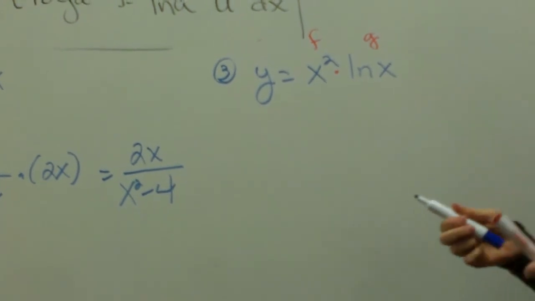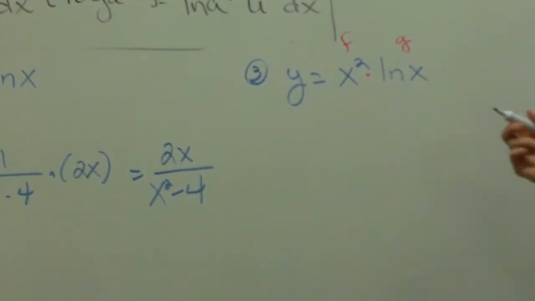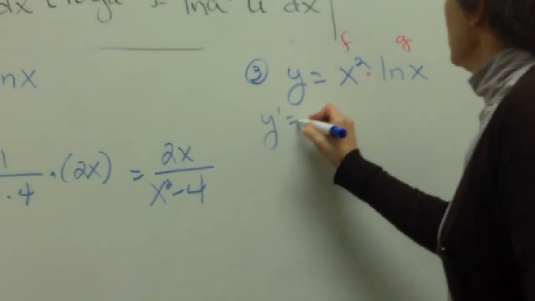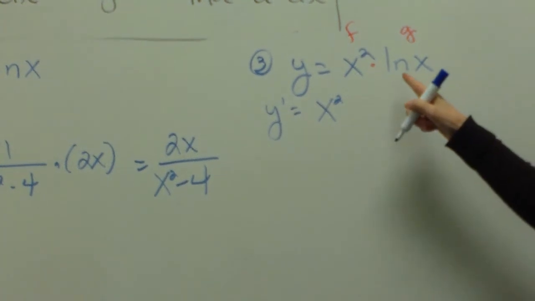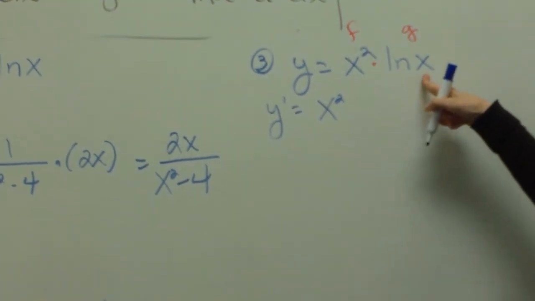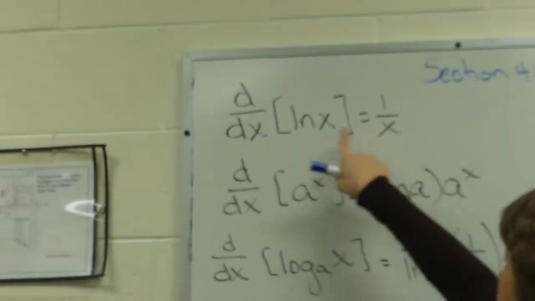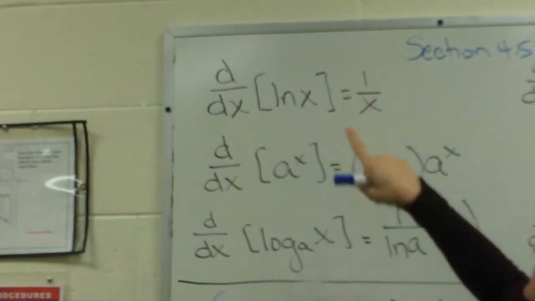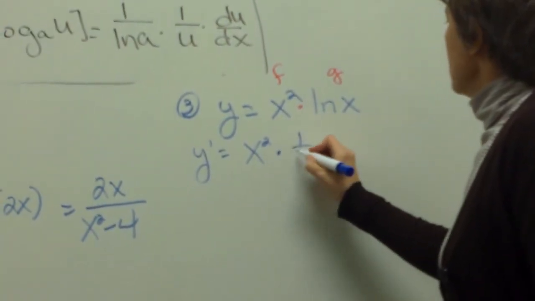So I have to use the product rule in order to take the derivative. So my derivative would be leave f alone, multiply it by the derivative of the ln of x, which again, we have the derivative of the ln of x right here. It's 1 over x. So when I multiply by the derivative of that, it's 1 over x.